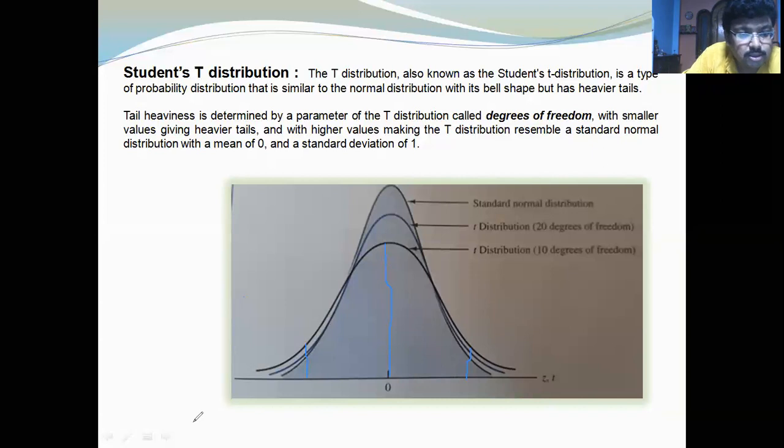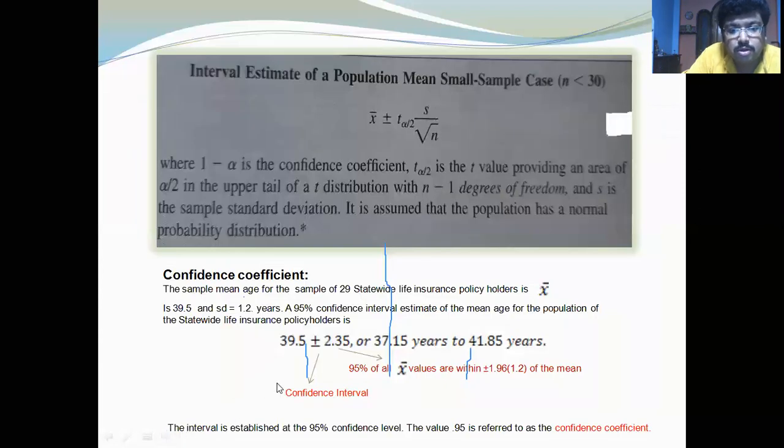Okay, so now this is the confidence interval. 39.5 plus minus 2.35 is the confidence interval. A 95% confidence interval estimate of the mean age of the population of a statewide life insurance policyholder.